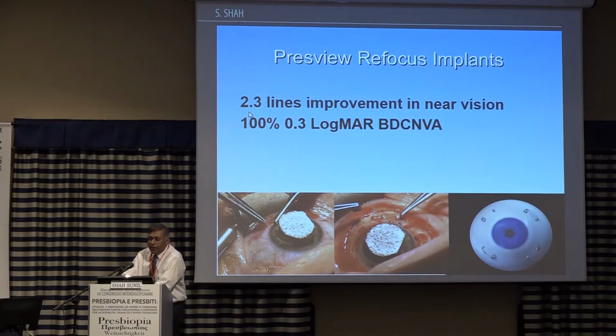So 2.3 lines of improvement in near vision, and this wasn't compared to a control group, because if you do something to somebody, they'll often read better just because they want to read better. So you can't be sure that this is a real improvement. But 100% of the patients got 0.3 logMAR with the best distance corrected near vision.